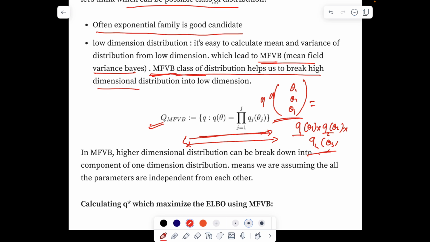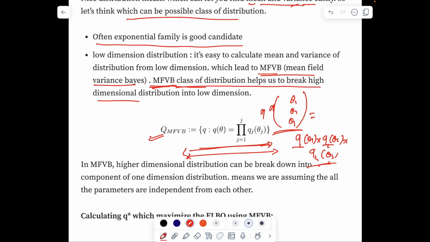So we get two properties which make a distribution nice. First, it is easy to compute mean and variance, and the exponential family is good for that. Another is low dimensionality, which means the MFVB class of distribution, which lets you break down the higher dimensional distribution into smaller distributions.